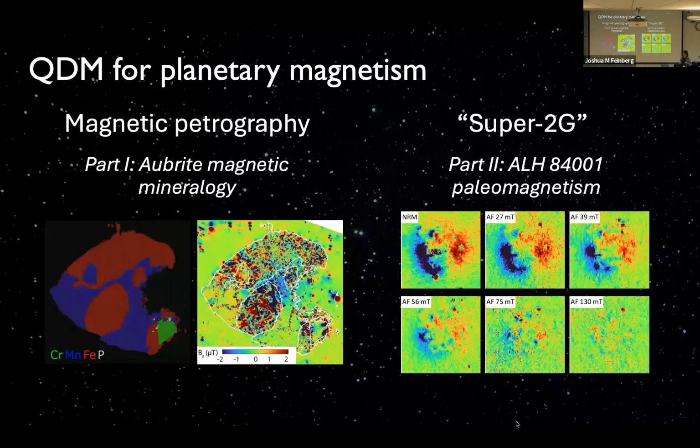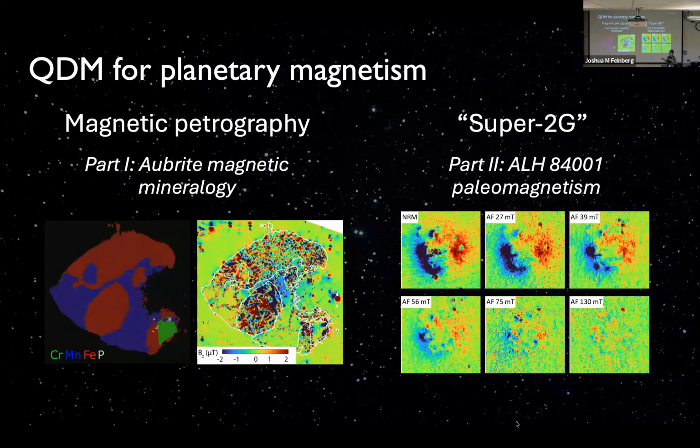With that said, in my experience, applications of QDM to planetary things, and really in general, tend to fall into one of two categories. Either magnetic petrography, so trying to figure out where magnetization is in a sample and what minerals carry it. This is a much more common application, I would say, and you can compare it with a lot of other kinds of study.